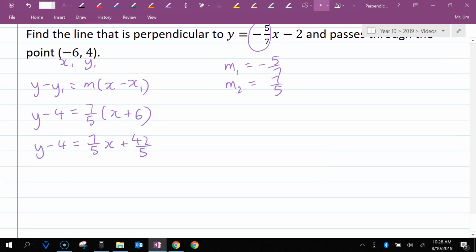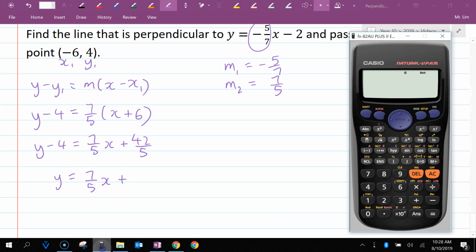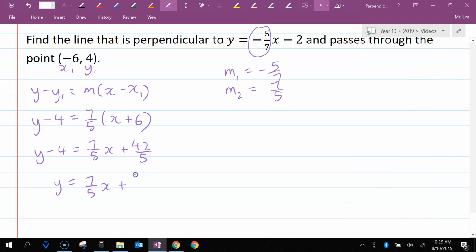And then we can add 4 to both sides. y is equal to 7 over 5x plus 42 over 5 plus 4, which is 62 over 5. And that's our final answer.